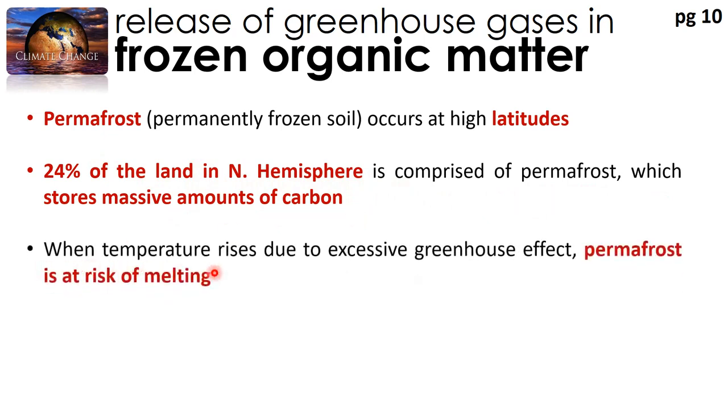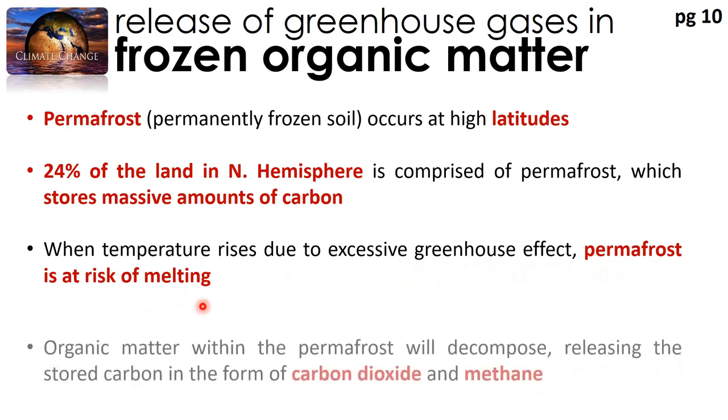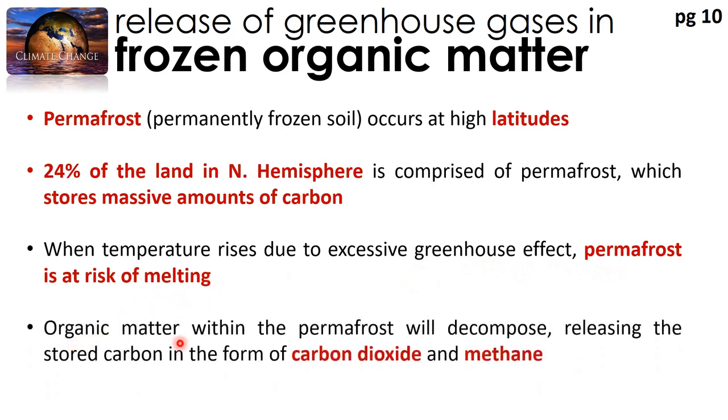So when temperatures rise due to global warming, because of the excessive greenhouse effect, permafrost is at risk of melting. This means the organic matter found within the permafrost will decompose, releasing the stored carbon in the form of carbon dioxide and methane.